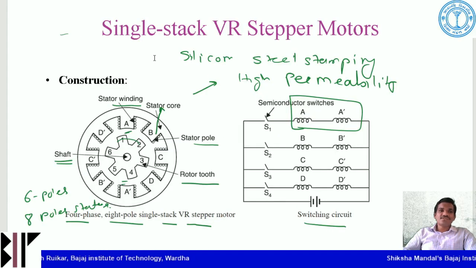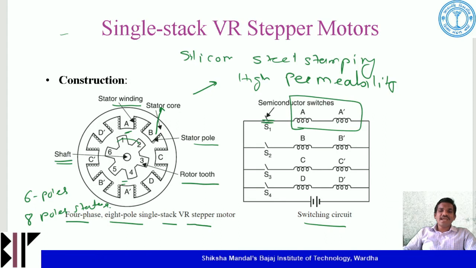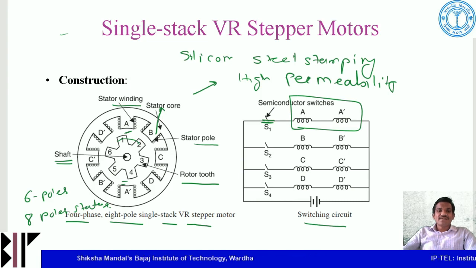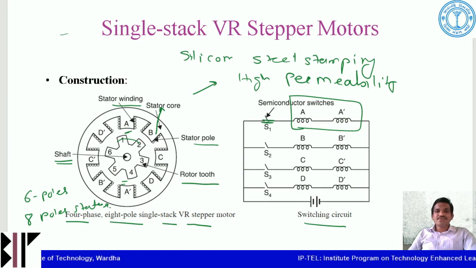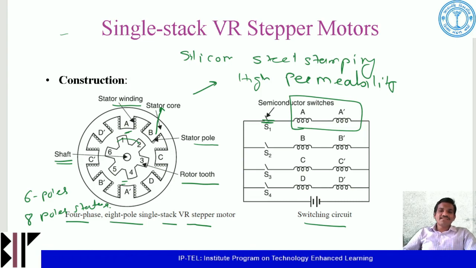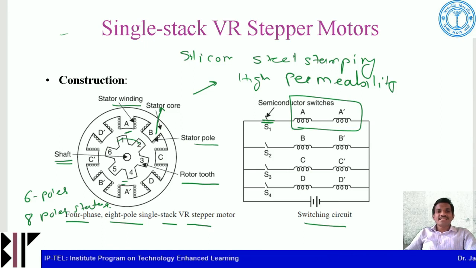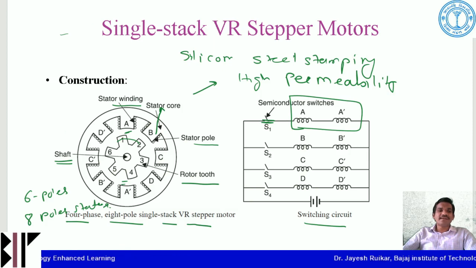When S1 is closed, A and A dash will be energized. After getting the excitation, this A phase makes the stator poles A and A dash a north and south pole, which you can see in this diagram.